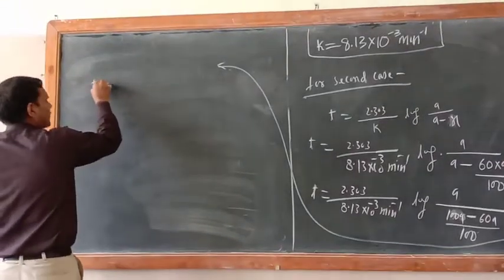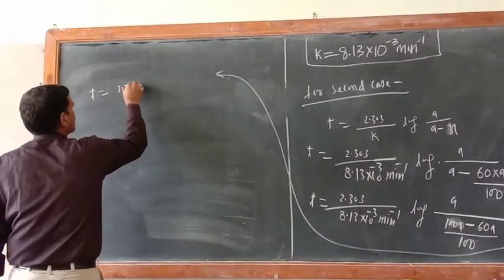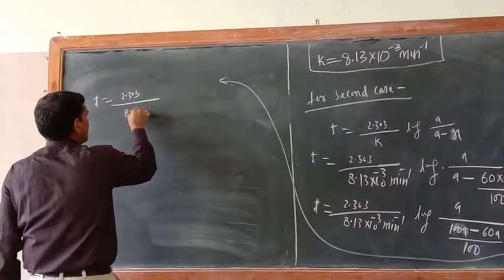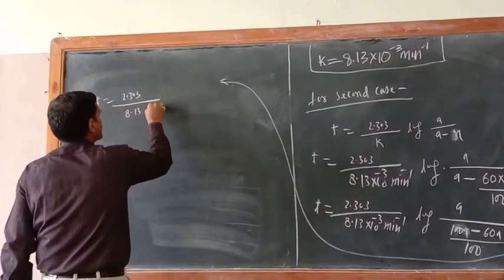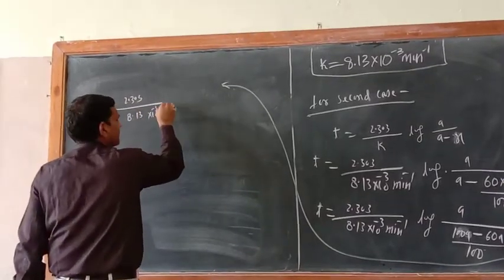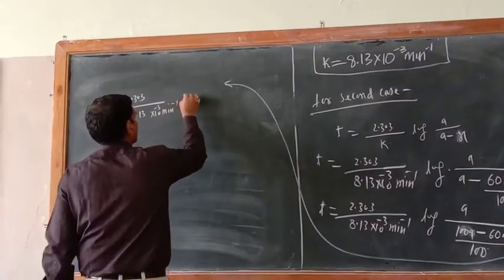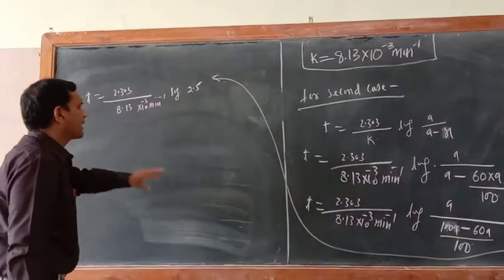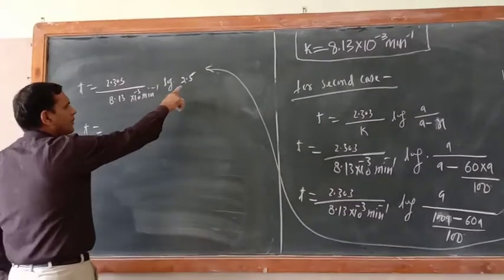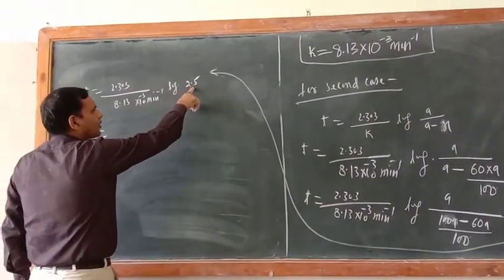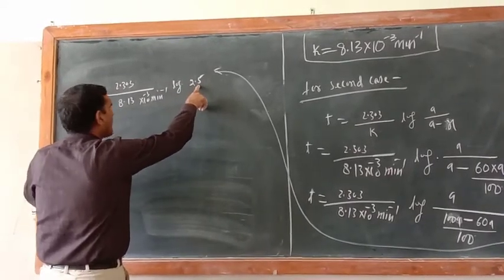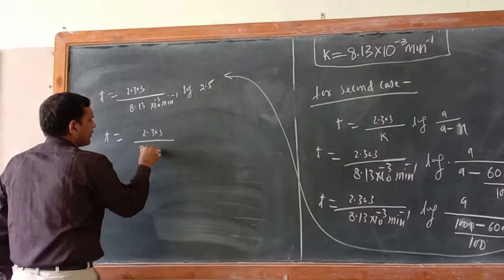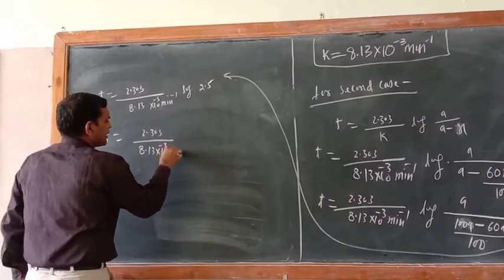So t equal to 2.303 divided by 8.13 into 10 raised to the power minus 3 minute inverse. Now here log 2.5 you will get if you solve 100 by 40, so you will get 2.5. So t equal to 2.303 divided by 8.13 into 10 raised to the power minus 3 minute inverse.